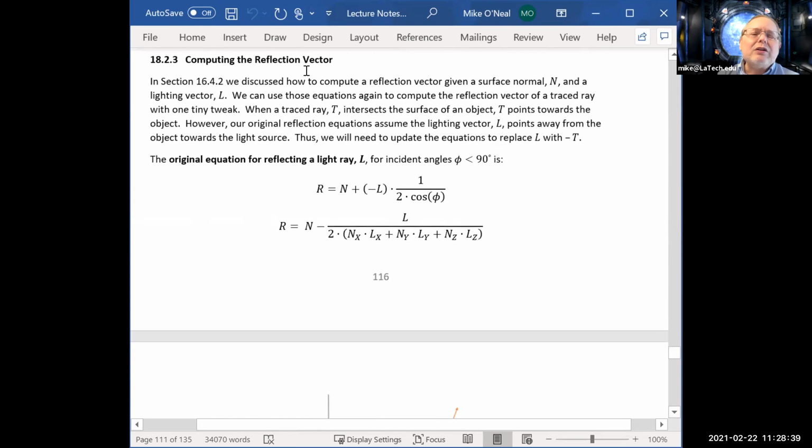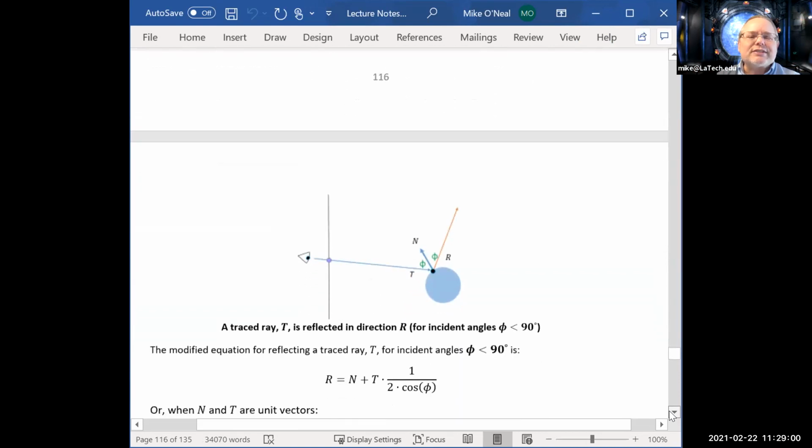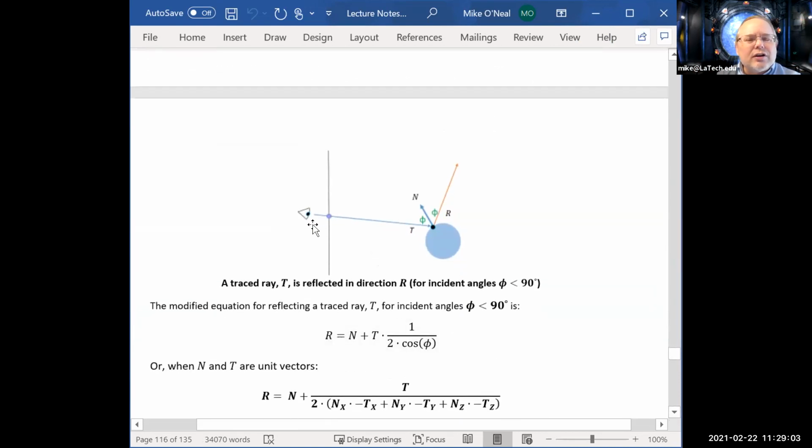Okay. And computing the reflection vector. Once we know the intersection points, we have to be able to compute a reflection and potentially a refraction. We've already given the equations for reflection. These came from when we were looking at the reflection of a lighting vector L. It's exactly the same equations, except some signs are going to change, because now our ray points towards the surface, whereas our lighting vectors always pointed towards the light source.